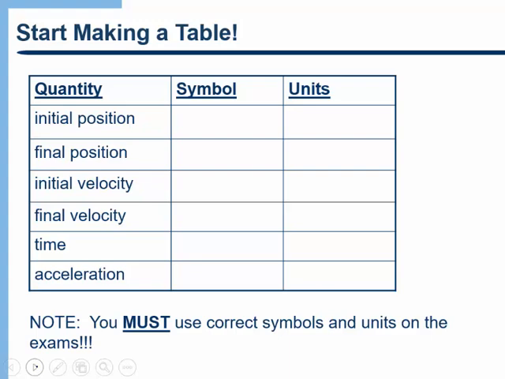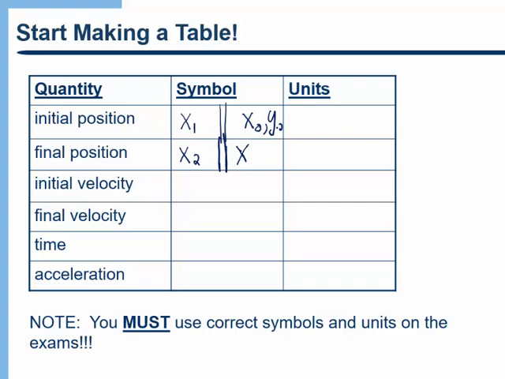So start filling in the table. For initial position, earlier on in the course, we used 1 for initial and 2 for final. But now we're using naught for initial and nothing for final. Okay, so you want to make sure you're clear with those. Also, if the problem is in the vertical direction, we use y.